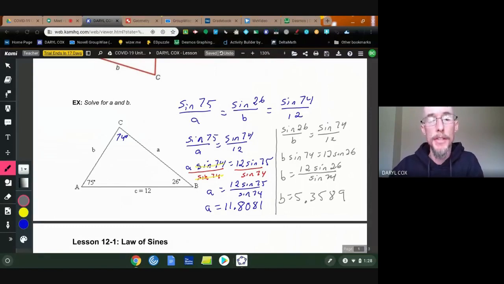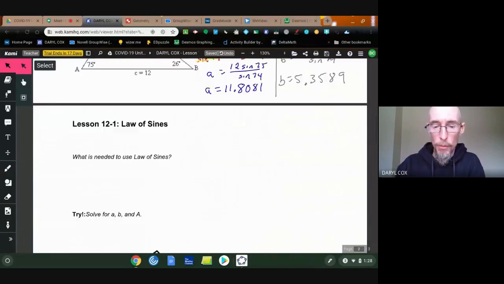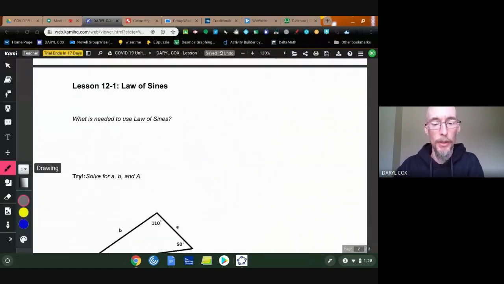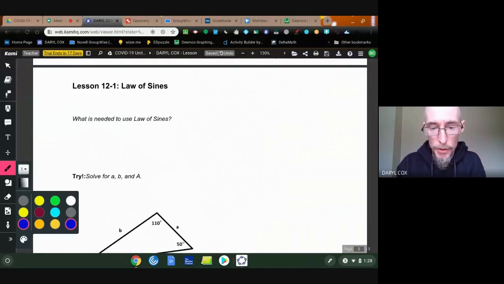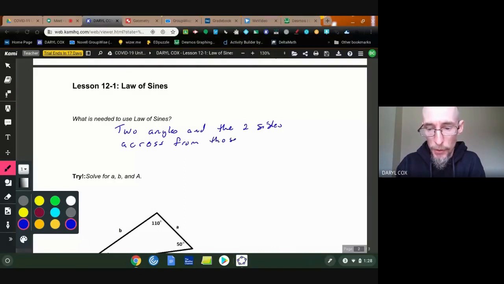It's all based on setting up that proportion. So let's look at what we need to make the law of sines work. You need four things. One of them can be your unknown, but the four things you need are two angles and the two sides across from those angles.